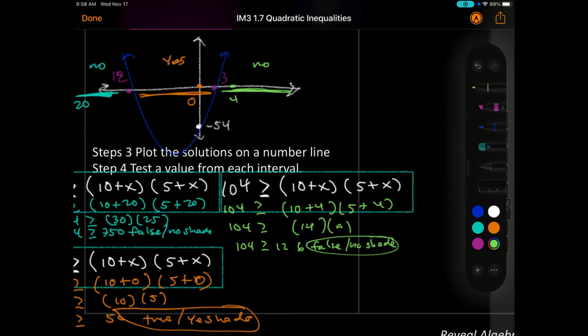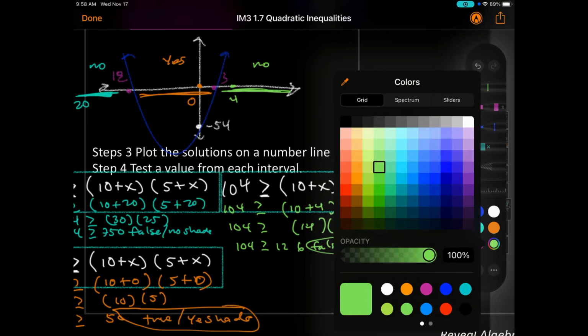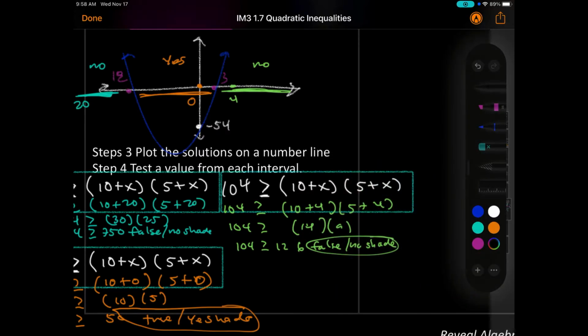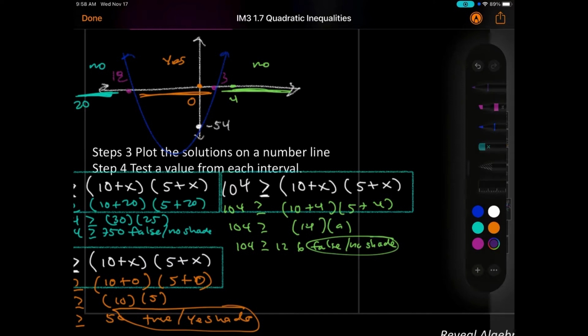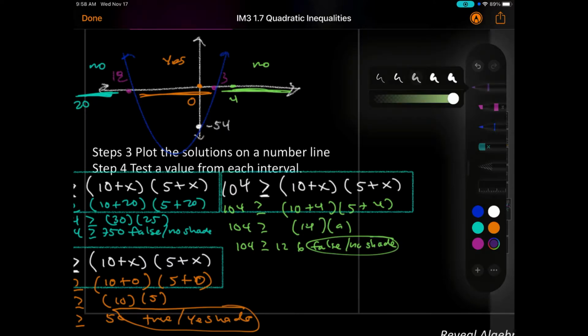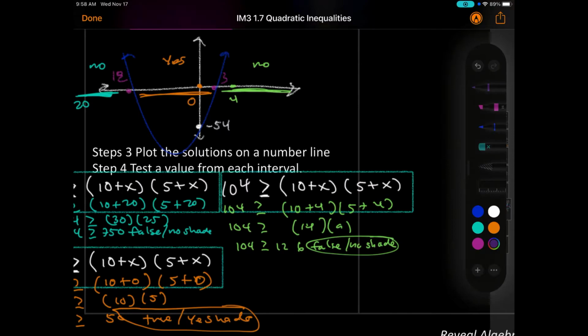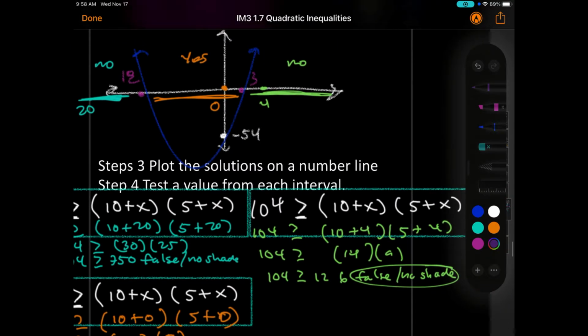So let's get another color in here that I have not used. Let's try purple. And let's make it a little bit thicker. Chose the wrong one. So basically my solutions here are here in purple that I'm drawing.